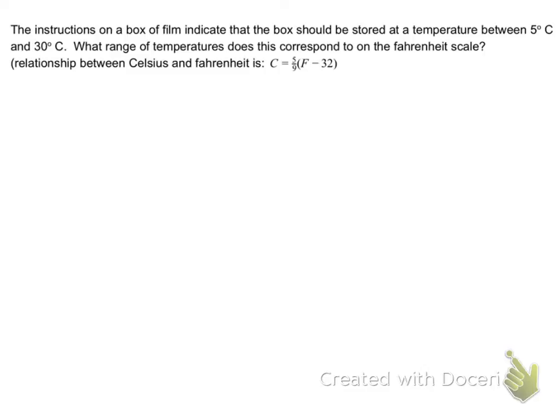Well, first of all, Celsius is between what? 5 is less than or equal to C, which is less than or equal to 30. Wait a minute. Do we have anything that converts those? C happens to be in terms of F. What is it? 5/9 of F minus 32.